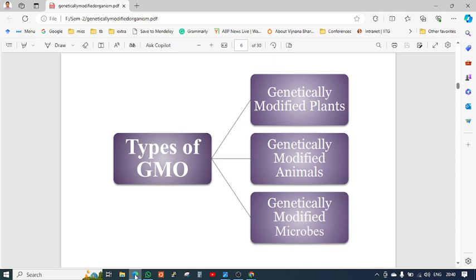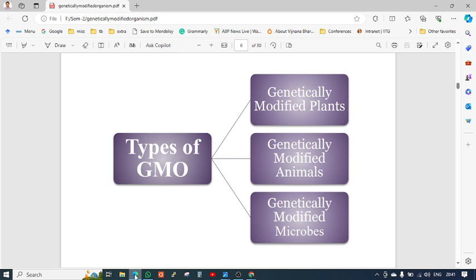And genetically modified microbes, the most common example being the bacteria which can generate insulin, or some types of microbes which can be easily utilized in our different products. For example, for making curd from milk we utilize lactobacillus bacteria, or for making bread from wheat we utilize yeast.